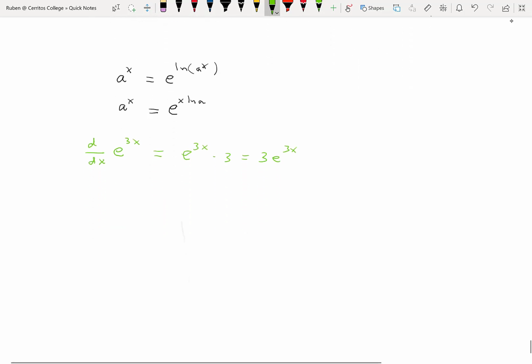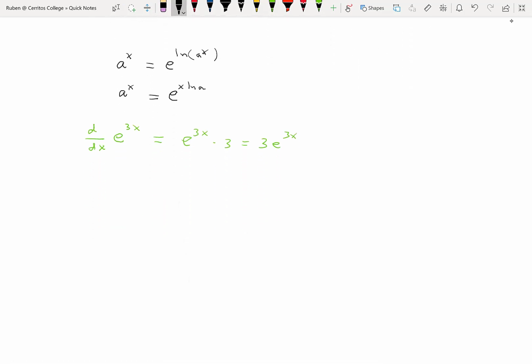So I'm going to apply that idea to our situation. I want the derivative with respect to x of a to the x. Well, that's going to be the derivative with respect to x of e to the x ln a, where ln a is sort of like the 3 in e to the 3x in the example above.